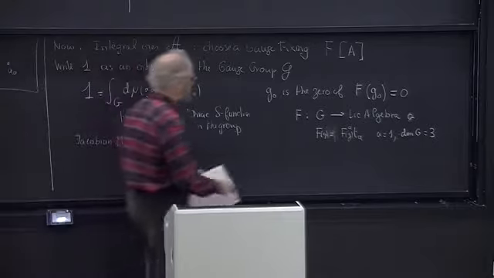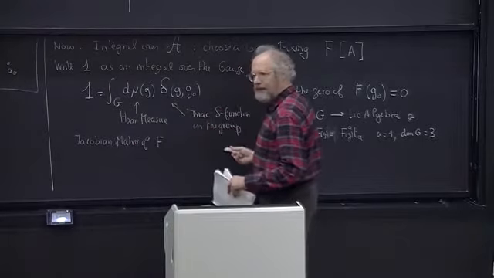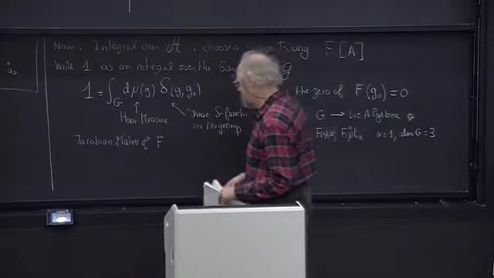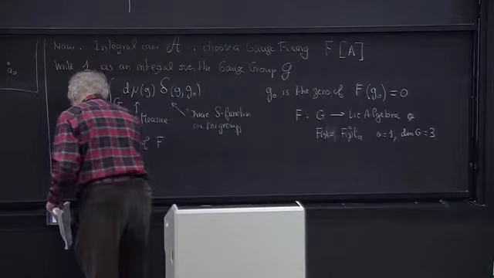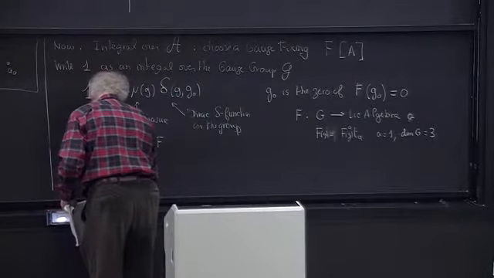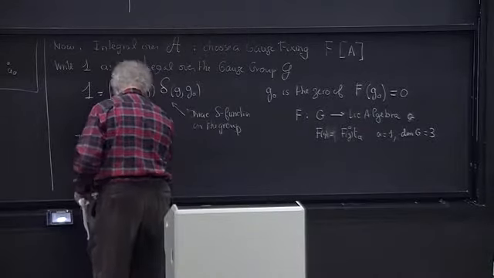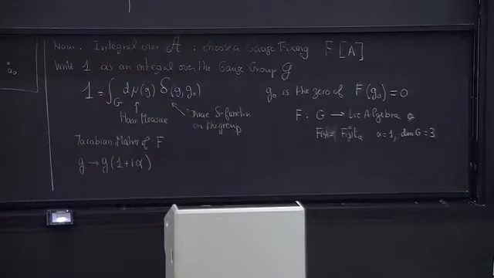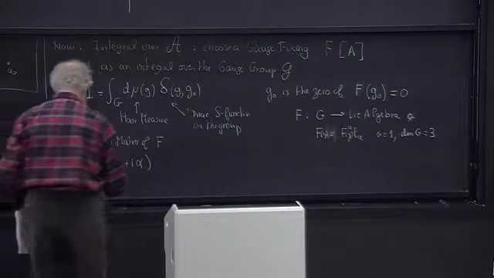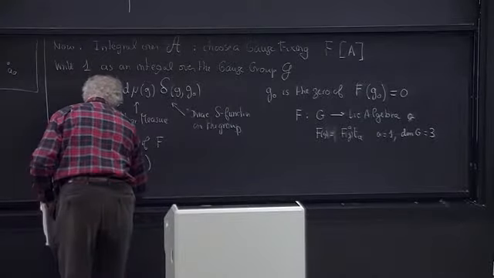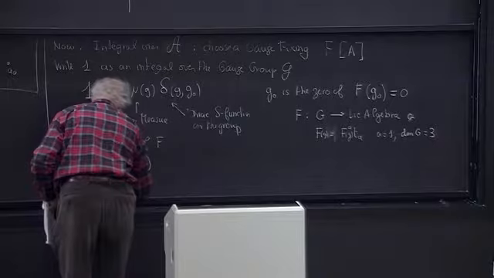So for that, I make a small variation of G. I change G into G times 1 plus i alpha, where alpha belongs to the Lie algebra.